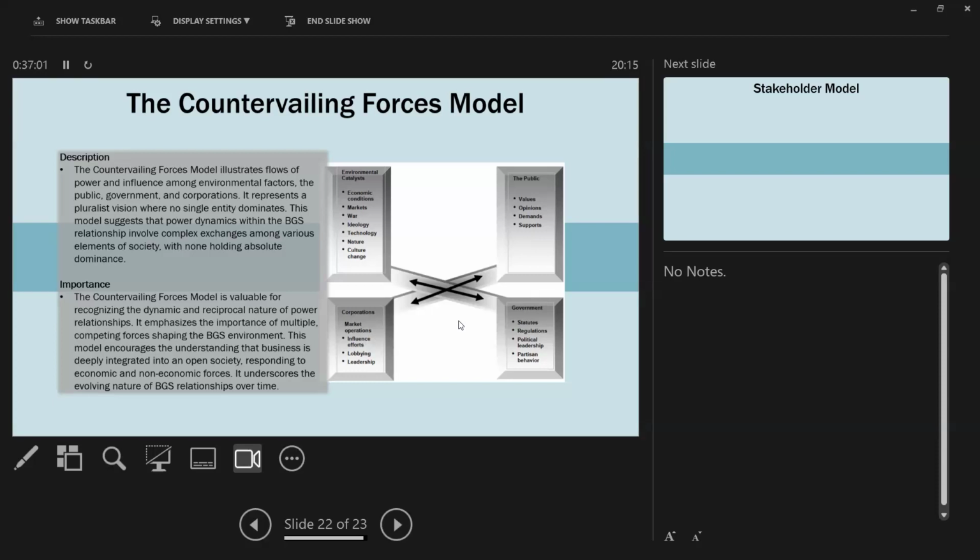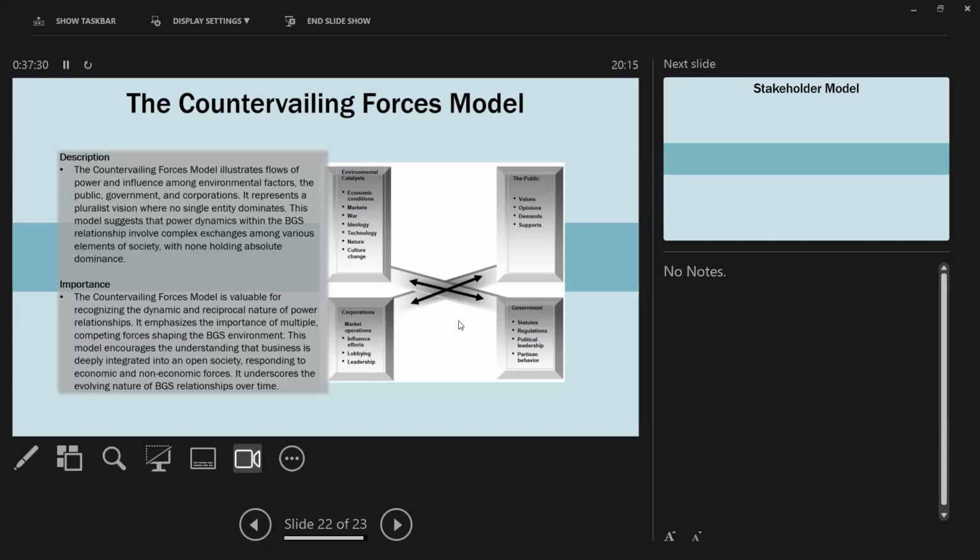Then you have, let's say, extreme communism, where the government has got total dominance. They can do whatever they want with everyone. Right? So obviously, this countervailing force model will be at the middle. It's trying to make sure that there is no power imbalance, that there's not a single entity that dominates.